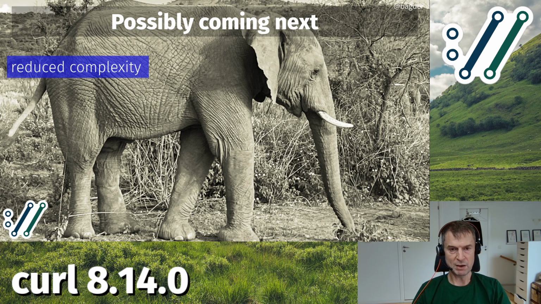So we have this ongoing side project to reduce complexity in curl, and this is going forward. By this I mean basically we measure the complexity of curl functions, and then we get a score, and we work on reducing that score for functions. Basically, make smaller functions, easier to read functions, to make curl easier to manage for everyone.